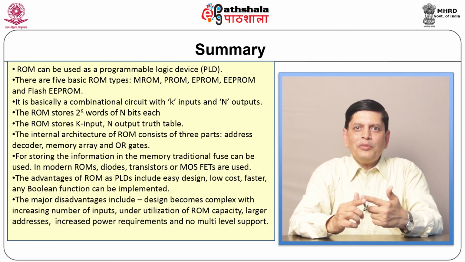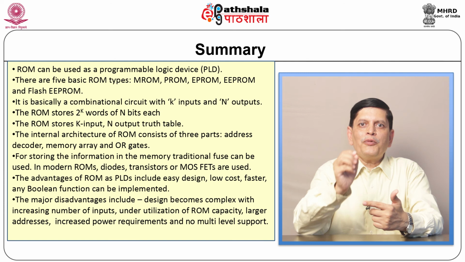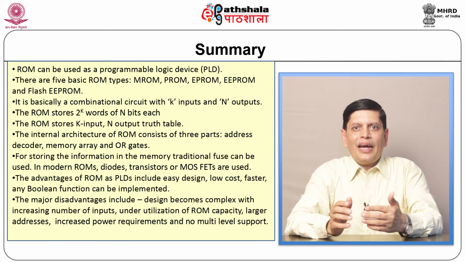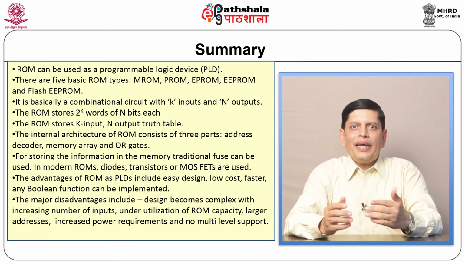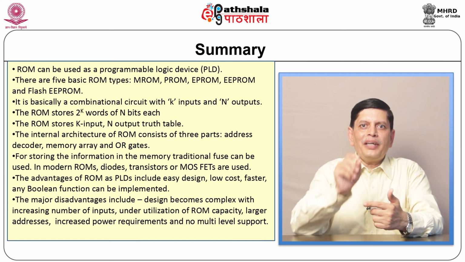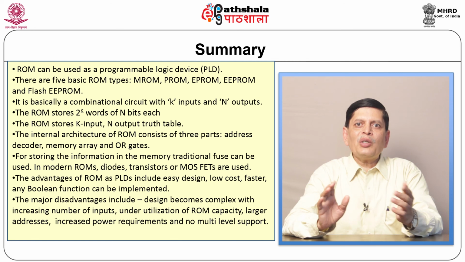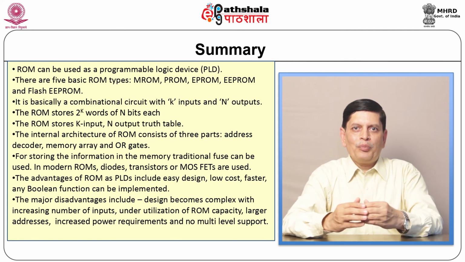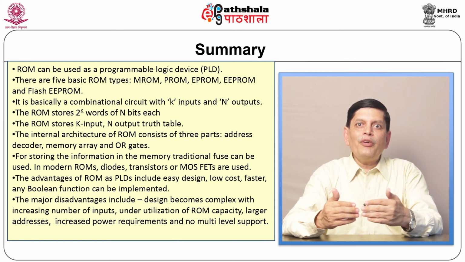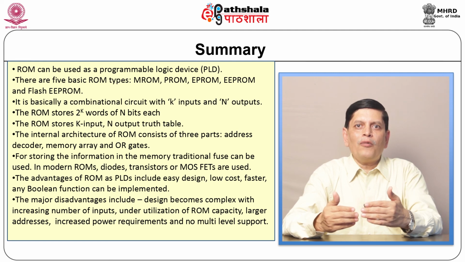Whenever we talk about connecting something between rows and columns, we have to have some kind of a fusible link. We have seen that in diode matrix ROM, we can connect rows and columns by putting a diode. Presence of a diode indicates logic 1, absence of a diode is treated as logic 0. In addition to diodes, we may use MOSFETs or transistors as a link.